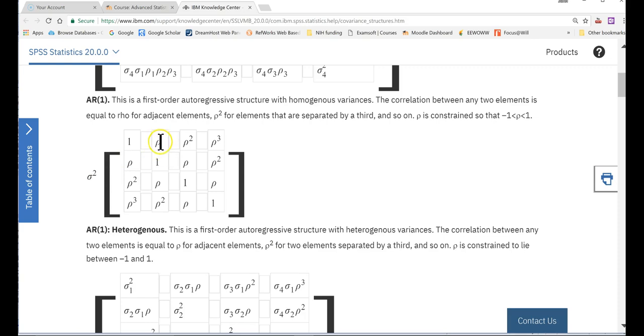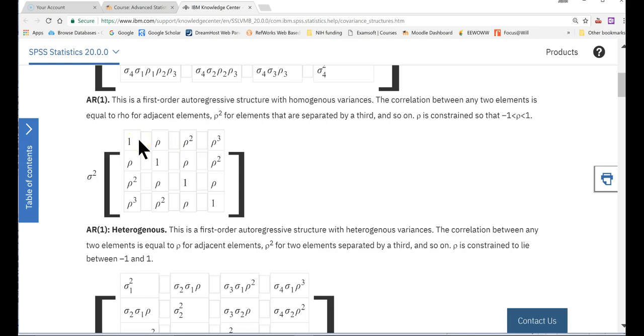So if it was, let's say, a correlation of 0.7, this would be 0.7 times the sigma. This would be 0.7 squared, about 0.5 times the sigma. And this would be cubed, so about 0.25 times the sigma. So the variance gets smaller as you get further away from the original.